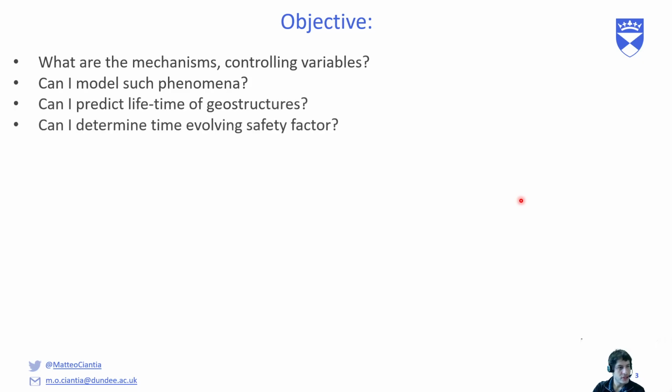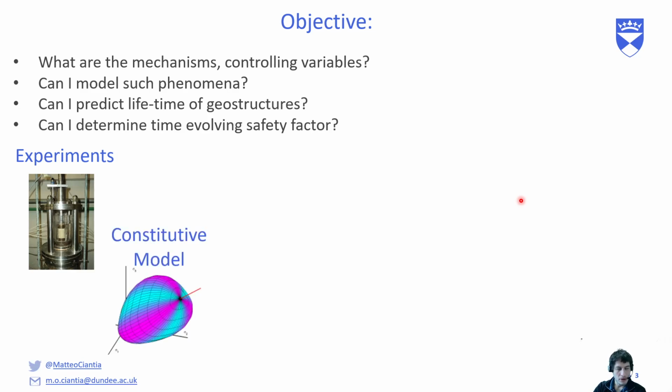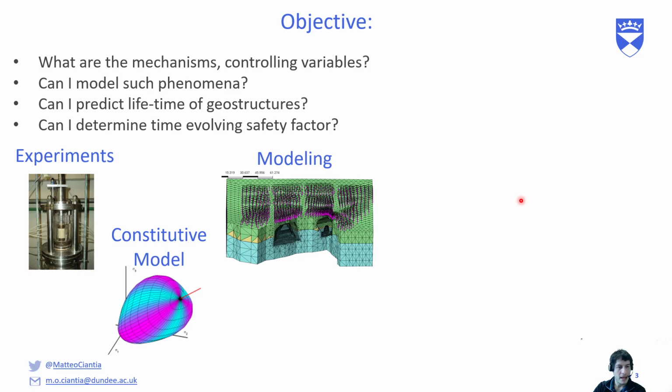Can I model such phenomena? Can I predict the lifetime of a geostructure, such as the formation of a sinkhole, or determine the time-evolving factor of safety? And to answer these questions, experiments, a numerical constitutive model, and numerical modeling to give engineering answers were performed.